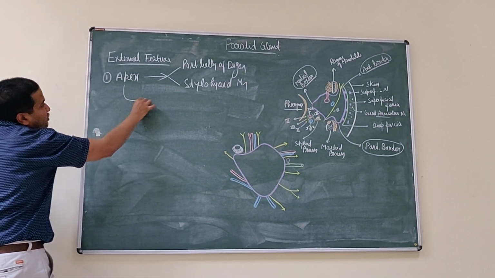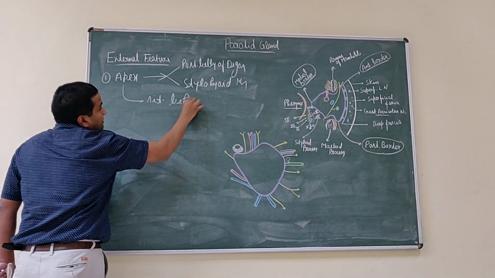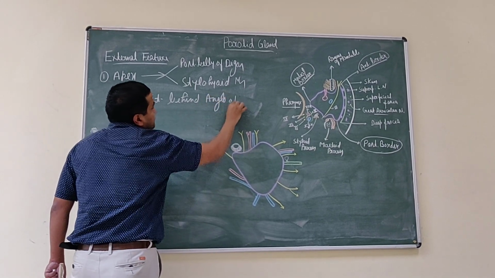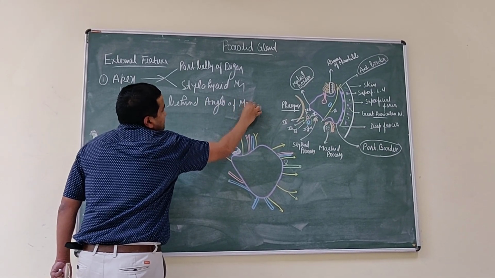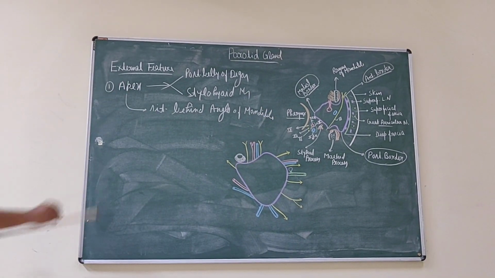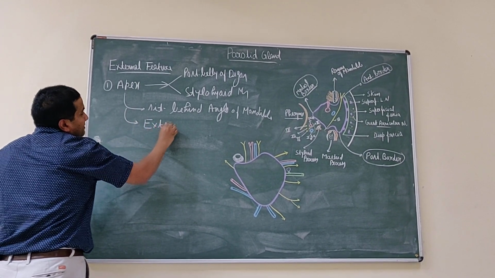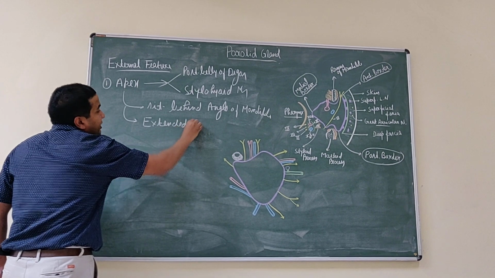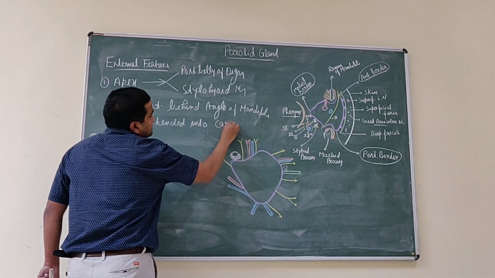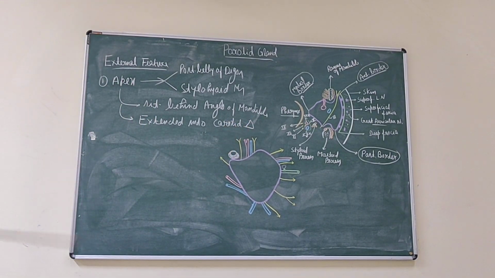This apex is situated behind the angle of the mandible. And this apex is extended into the upper part of the carotid triangle.